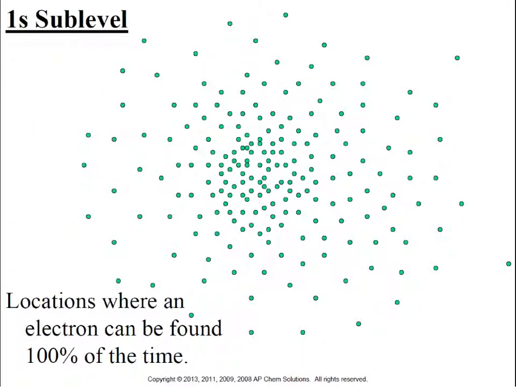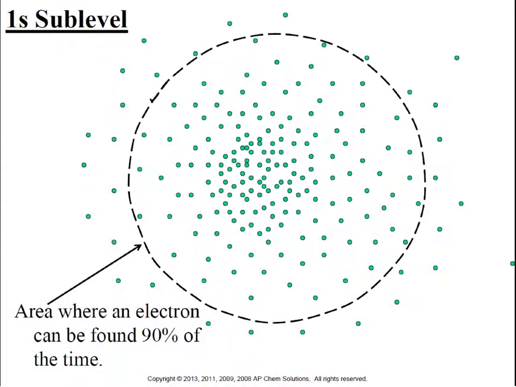So here's an example of the 1s subshell. These right here would be the locations where electrons are found 100% of the time. So we see that electrons are really occupying kind of this large circular region. We do get a few scattered out here and there, but the bulk of them are in here. If we were to count all the electrons that are out there and figure out where 90% of them are, we would see something like this.